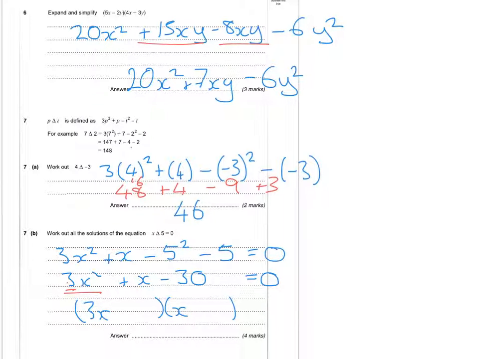And then they've got to multiply to negative 30. 3 times 30 is 90. Negative 90. This is going to have to be negative 10 times 9.